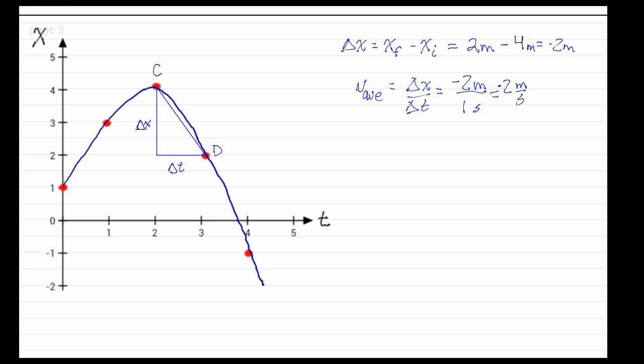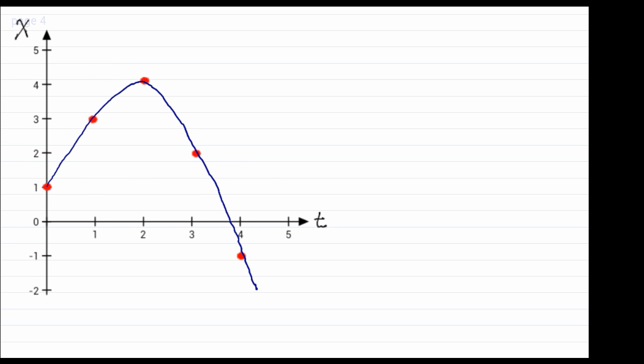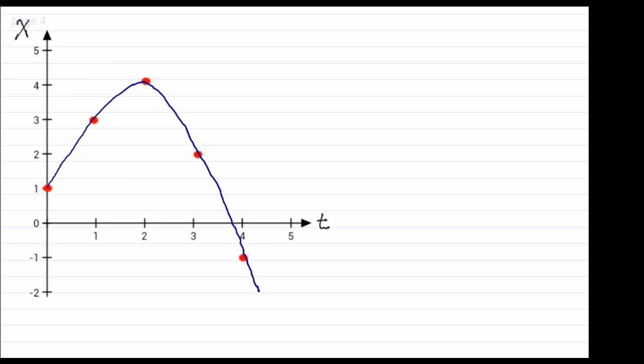So let's add another picture here. Any minute, there we go. Okay, so let's figure out the instantaneous velocity, so how fast this particle is going right at the point time equals 3 seconds, so this red dot right here. And the way we do this is by drawing what's called a tangent line.